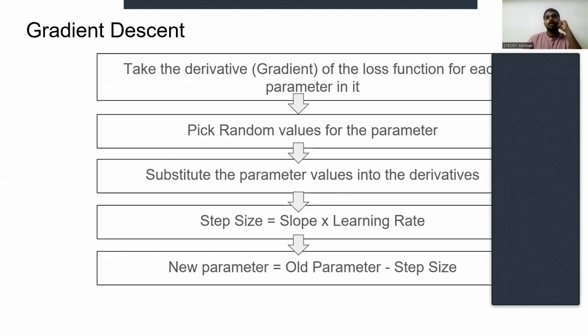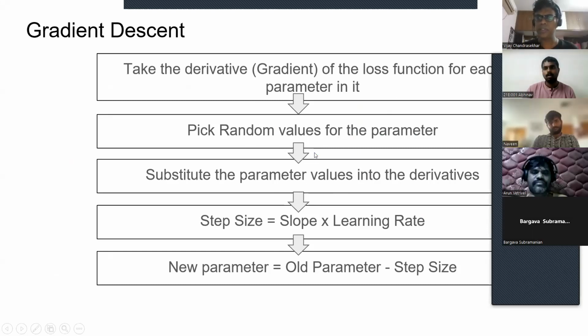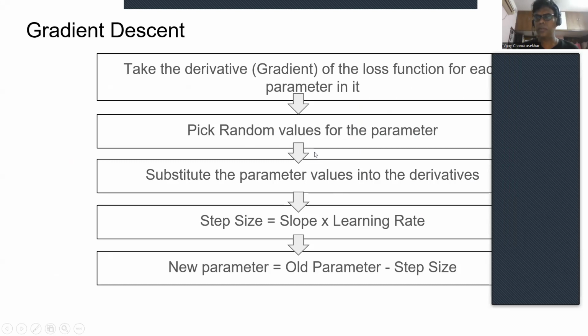Okay. So first we have to pick a random value for the parameter, as I said. Then we calculate the gradient value at that instance. So when you say parameter, what is this parameter? The slope. Each parameter: M and C are the parameters.